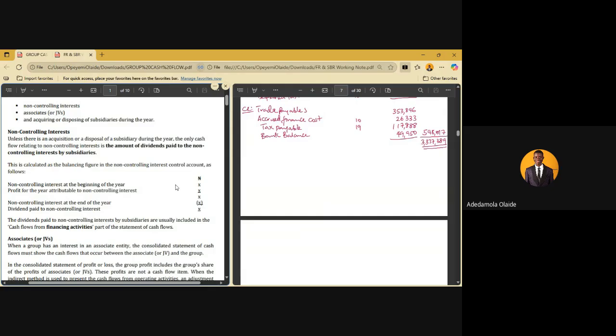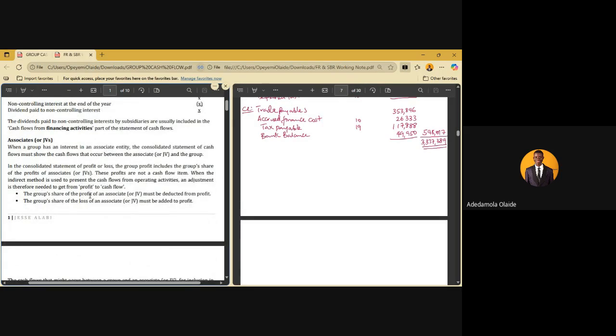If it is disposed, we'll take it to the debit side of the NCI. Acquiring an NCI simply means the parent company disposed part of their holding in the subsidiary, and disposing of an NCI simply means the parent company acquired more to their holding during the year.